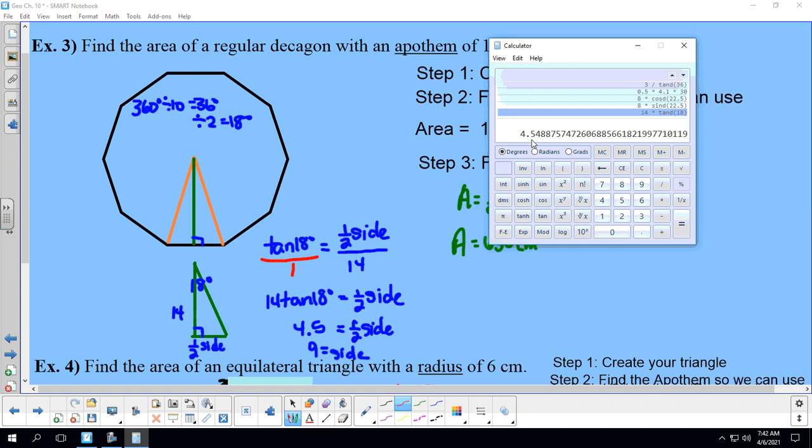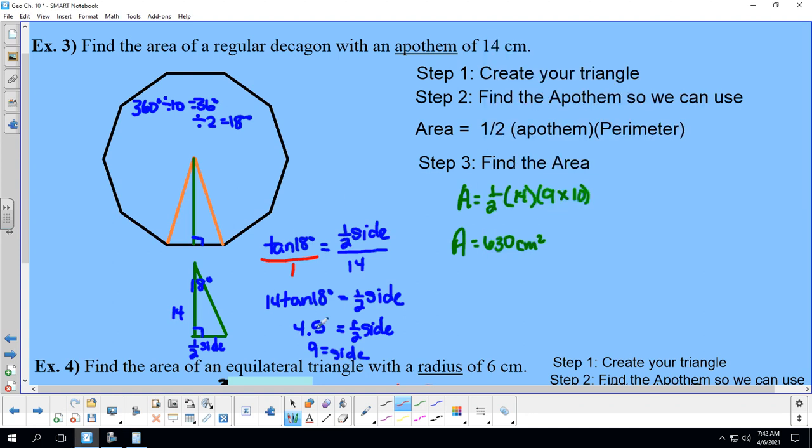And we get 4.5. So half of our side is 4.5. We are going to double it because we don't want half our side, we want the whole side. So we double it, and we see that our side length is 9. Here to here.